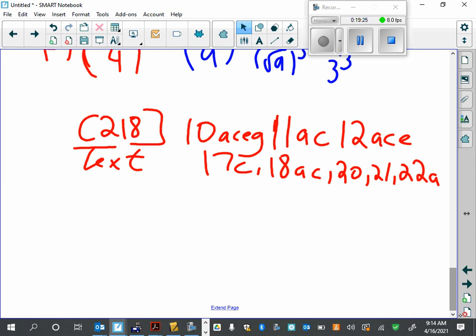Okay, so there's some rational exponent questions. Only on page 218. Doesn't look like there's going to be any negatives in there.